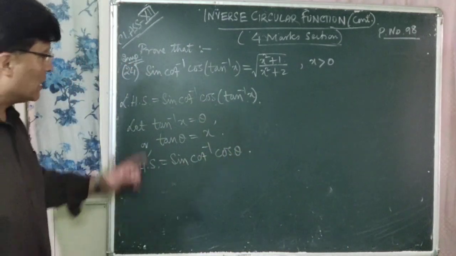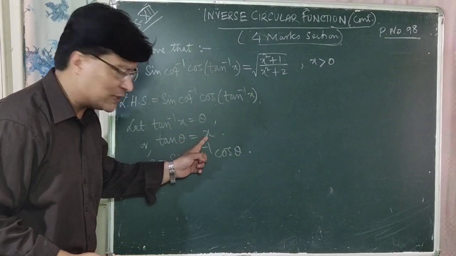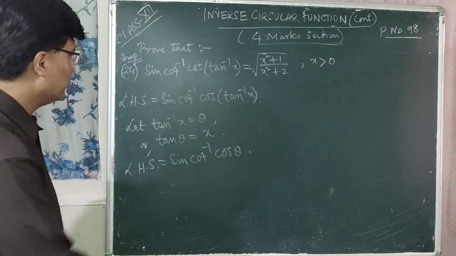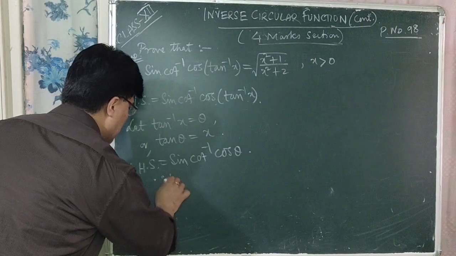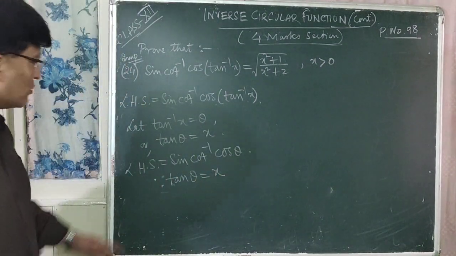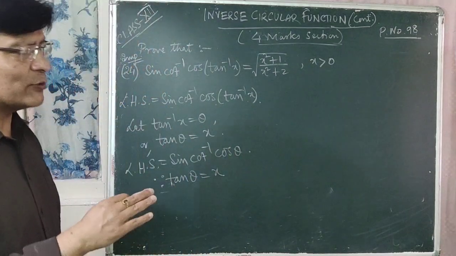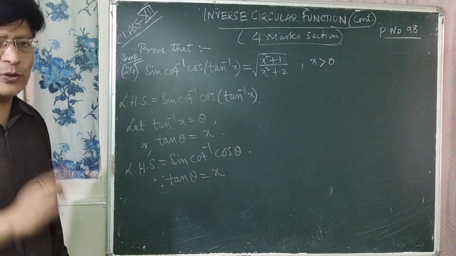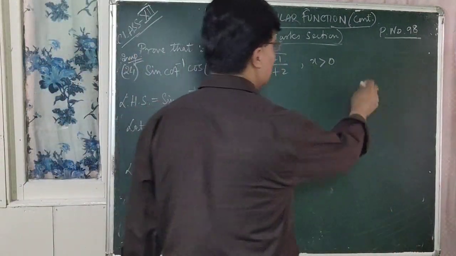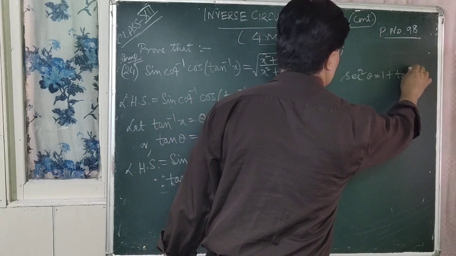Is that clear? Now from tan theta is equal to x, from this value of tan theta you have to get the value of cos theta in terms of x. So from tan theta you can get the value for sec theta, because you know that sec square theta is equal to 1 plus tan square theta.